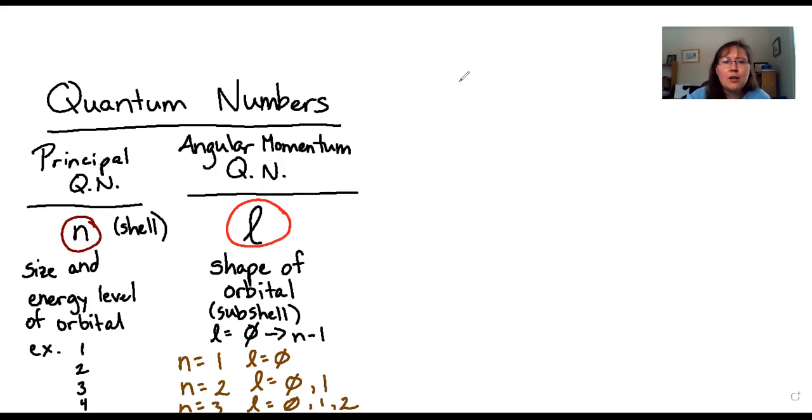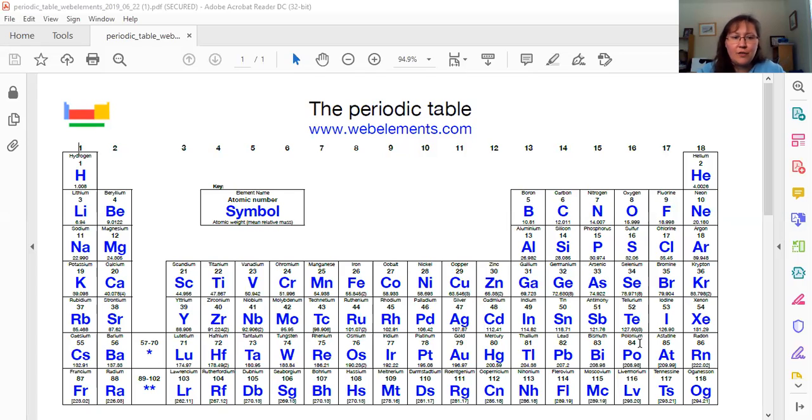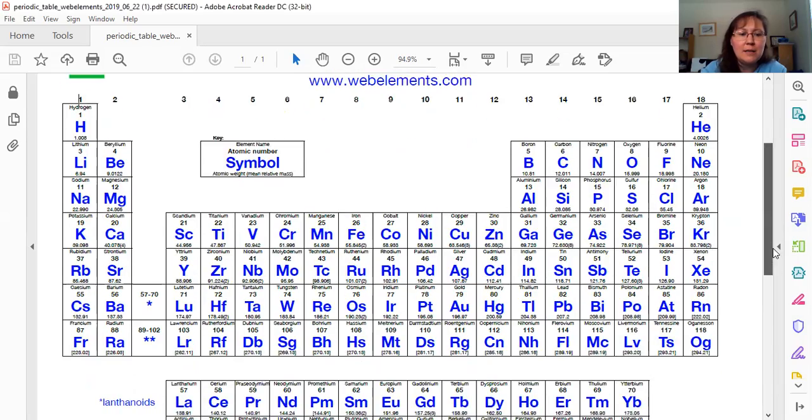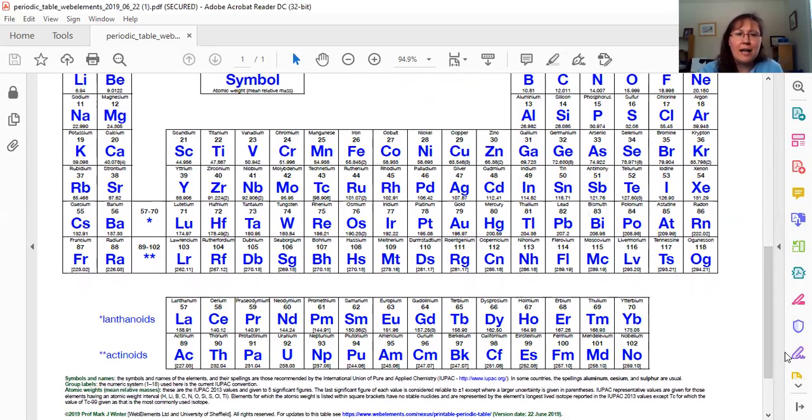Now let's go back to our periodic table. The annotations for this are no longer here. So before I do anything, I'm going to come on down to our lanthanides and our actinides and show, so we remember that potassium was level 5, right?